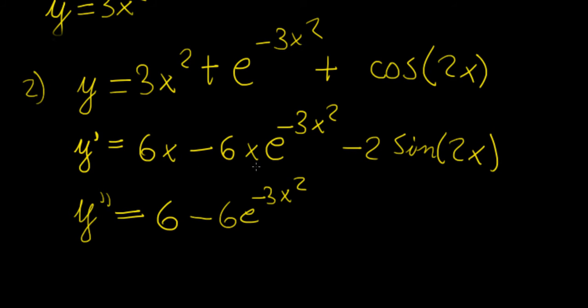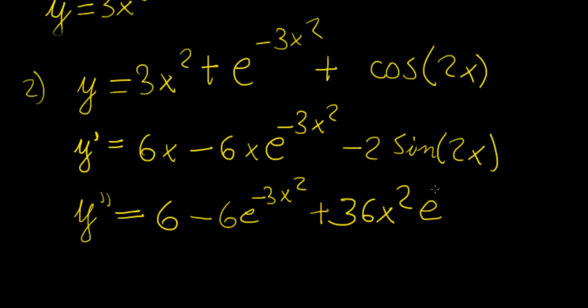And what is the derivative of the other part? That's going to be 6x times minus 6x, so plus 6 times 6, which is 36, and x times x is going to be x squared. So that's going to be our function there.